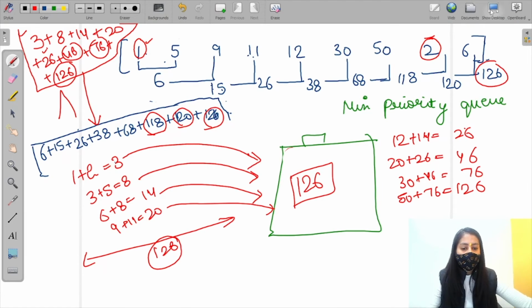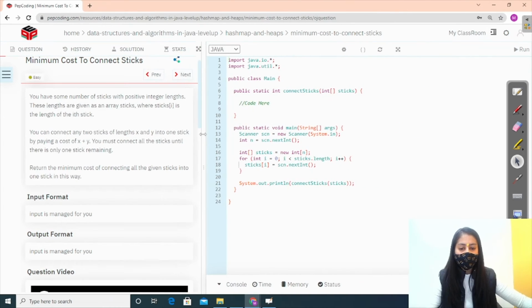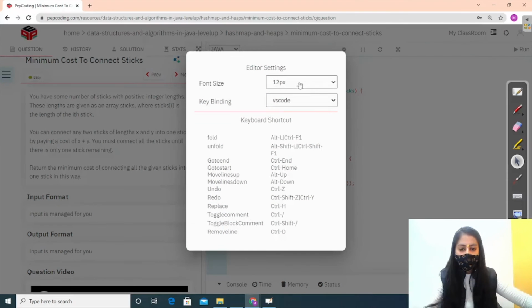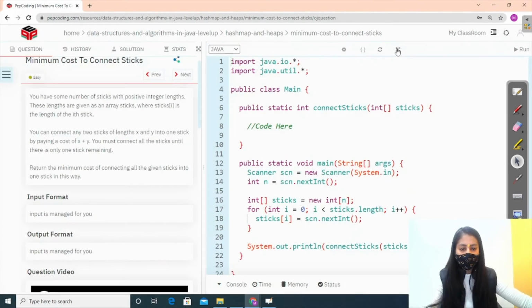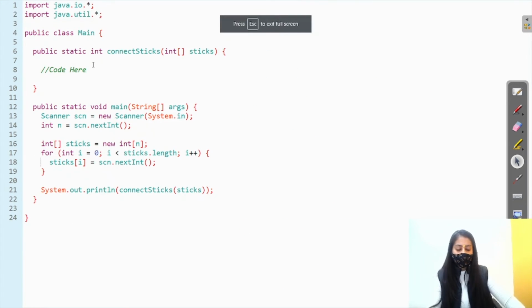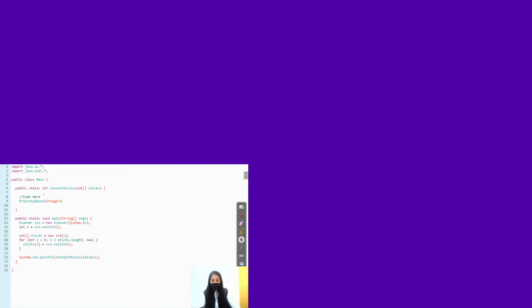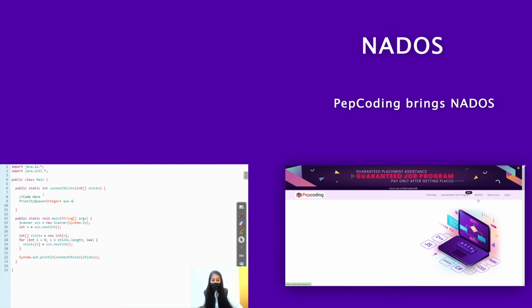So let's code this. The code is very simple. Let me increase the font size. So we are taking a priority queue. So let's take a priority queue of integers. Let the name be queue.